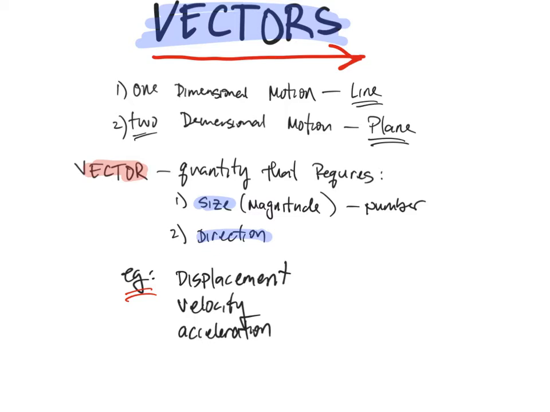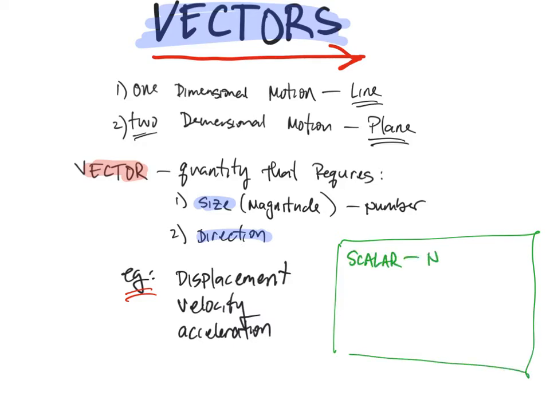There are some things that are not vectors. These things are called scalars. So a scalar has no direction. It's just a number. For instance, some examples of scalars that we talked about, like speed.